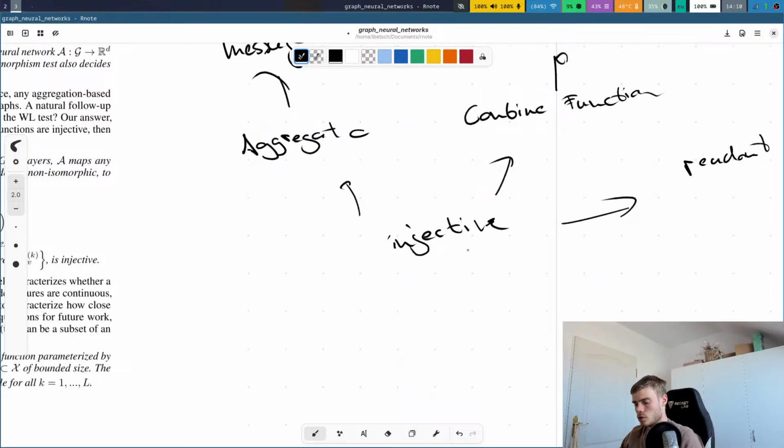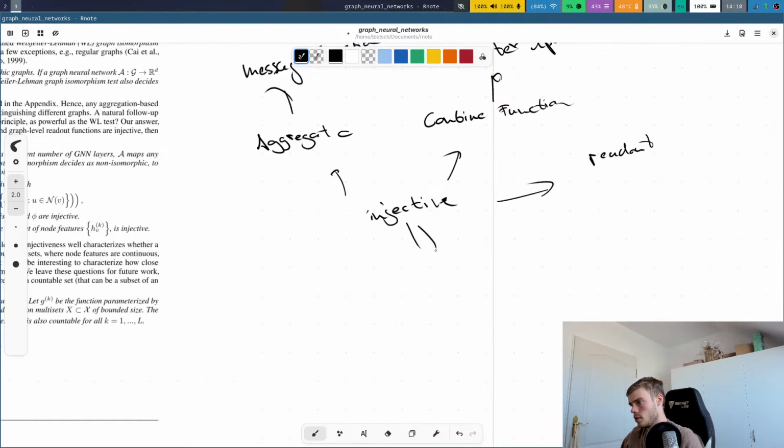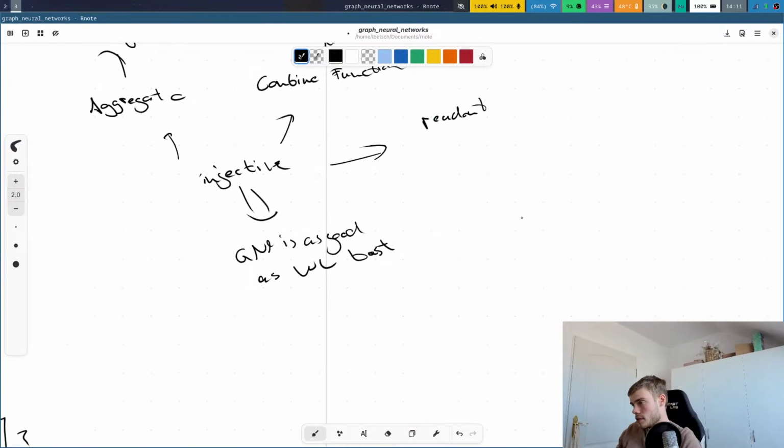And if they are injective, then we can conclude that the GNN is as good as the WL test. Which is not perfect because there are some exceptions where it cannot detect isomorphism correctly.